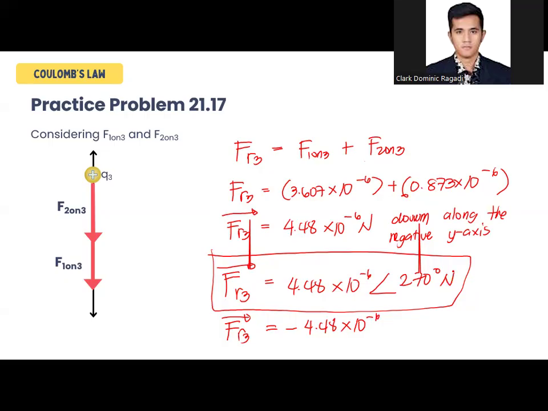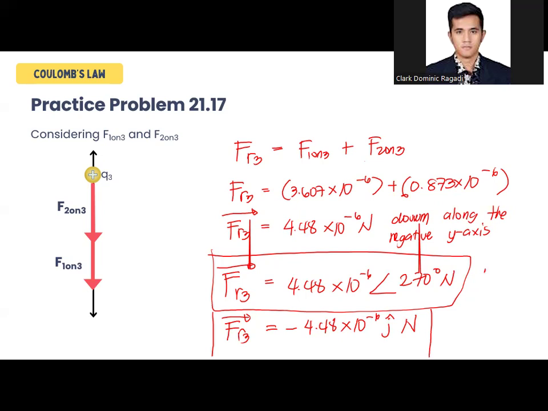Let's not forget the newton, j hat. So either way, you can use this format. Again, we put negative here because it's directed downwards. So the direction of our unit vector is downwards. That's why we use negative j hat.